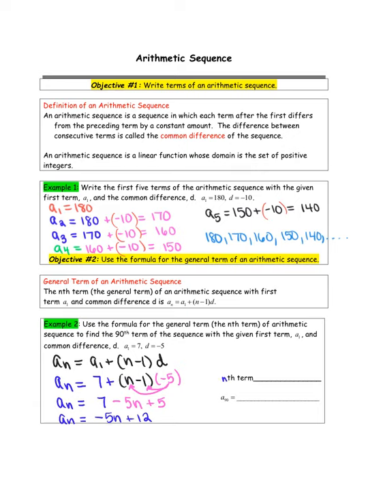So our nth term here is equal to negative 5n plus 12. To find the 90th term, all we're doing is plugging in 90 for the n. So negative 5 times 90 plus 12. So a sub 90 equals negative 438.